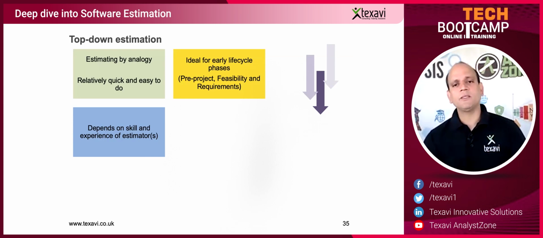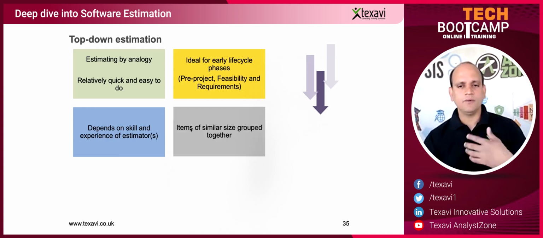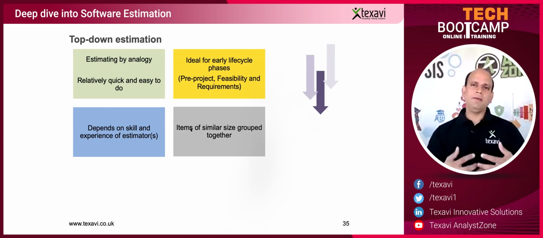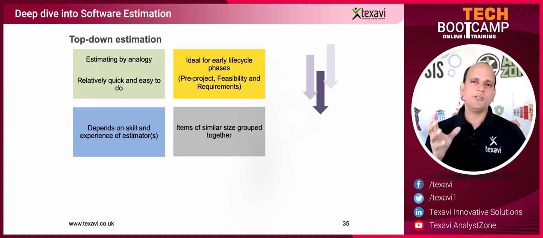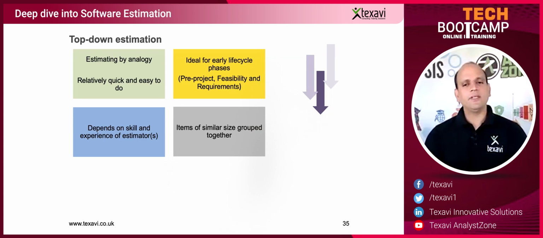There's no benchmark for them. Whereas people who have been there and done that already have a rough picture in their mind as to how this would evolve, and based on that, they can come up with an estimate.